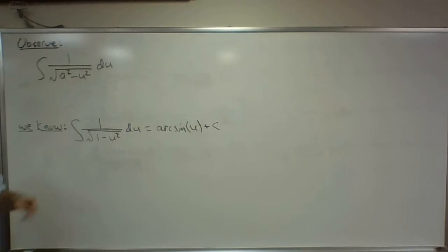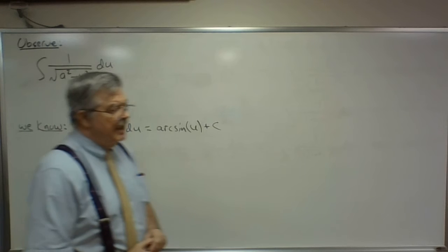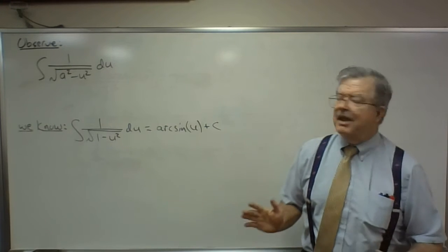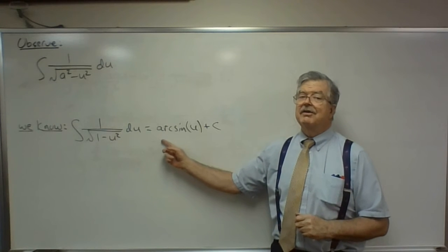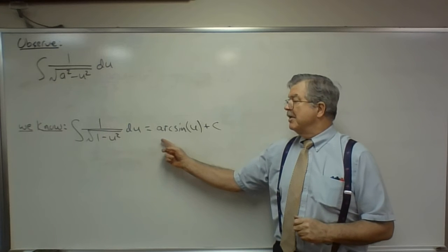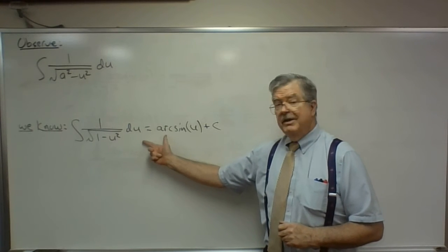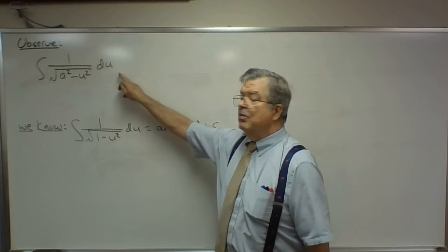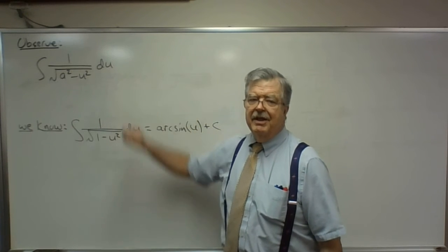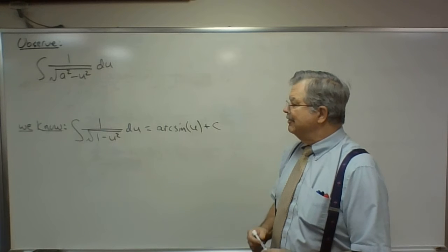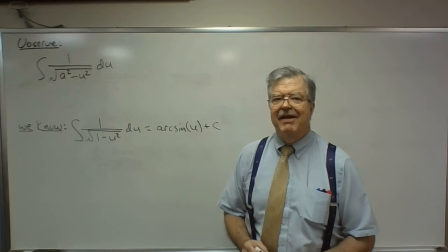We know this, and for the next 10 minutes or so, we're not going to forget that we know this. We are going to use this formula to get a more general formula here. So, let's have at it.